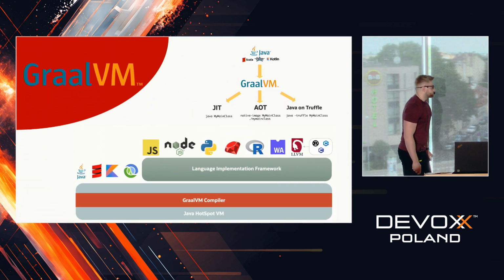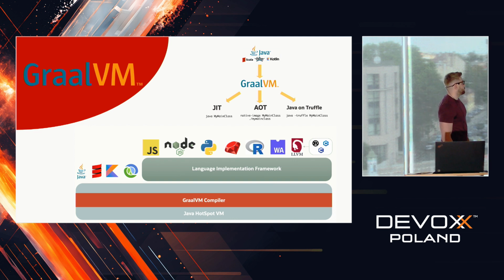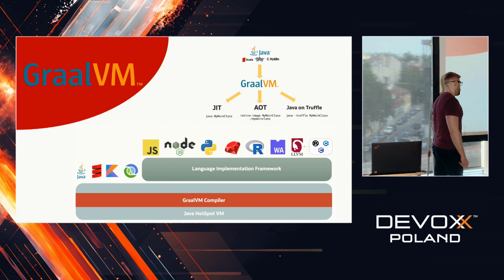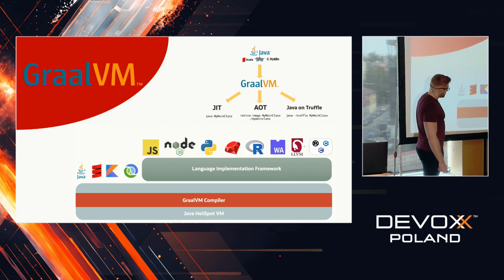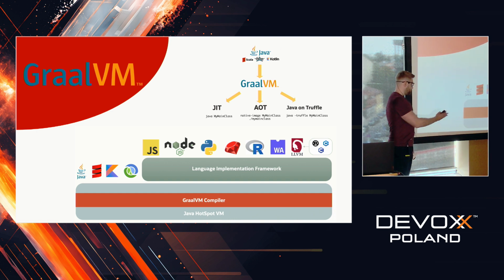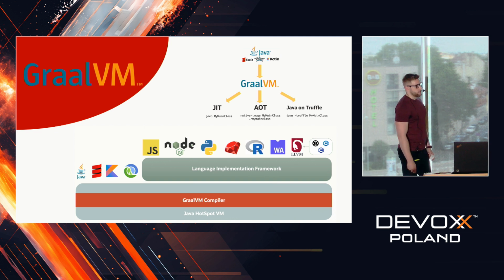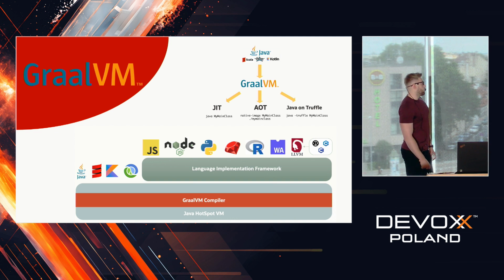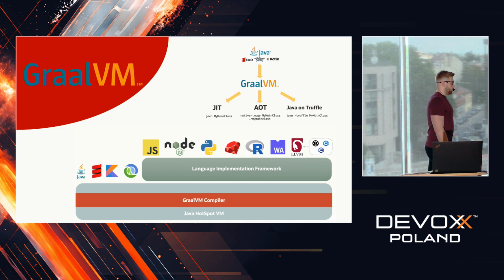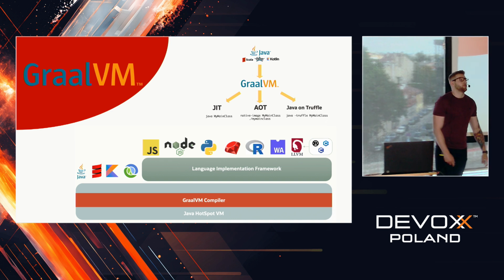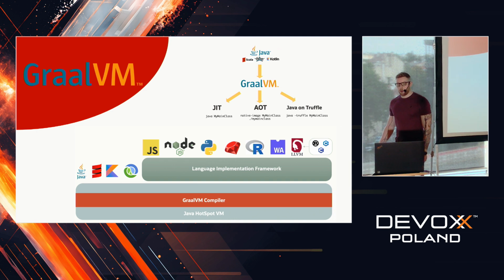So what is GraalVM? The main feature of the GraalVM project is the novel Graal compiler that can work both as a just-in-time compiler or with its native image feature, which is supposed to build an application into native machine code ahead of time.